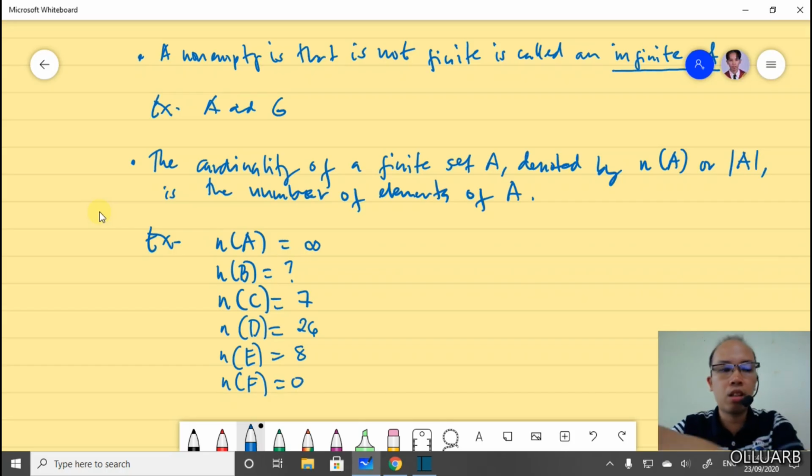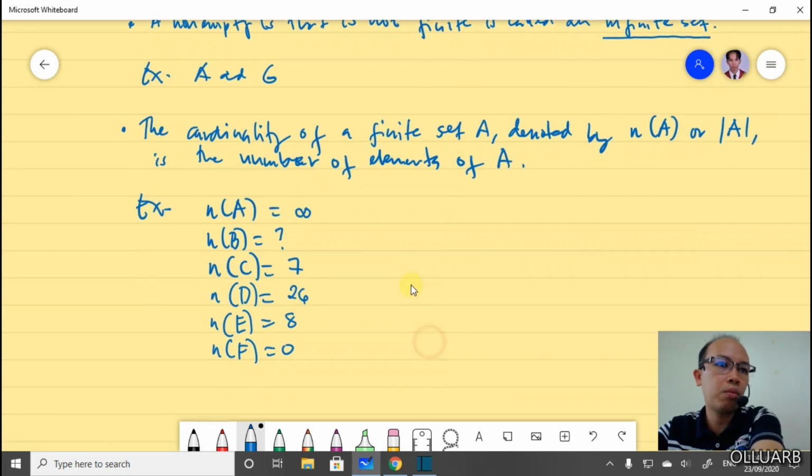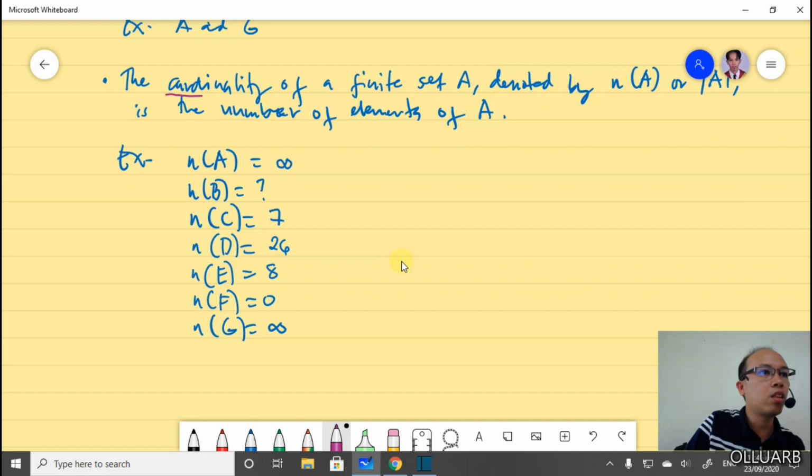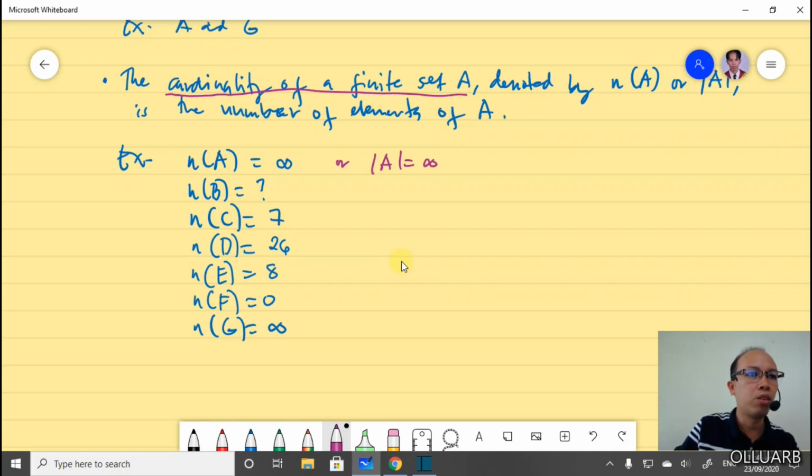The set F is an empty set, so we have no elements, so we have 0. N of G is an infinite set, so that's why we write the infinity sign. So that's what we mean by the cardinality of a finite set. Or you can use this notation, or you can write this as this one, or this one, and so on.